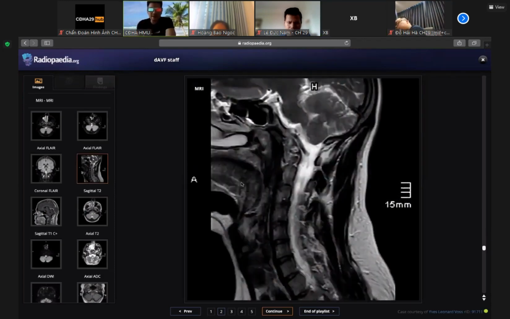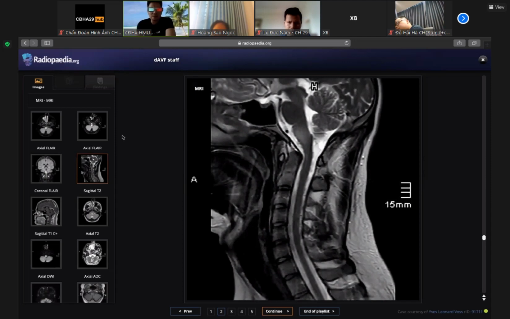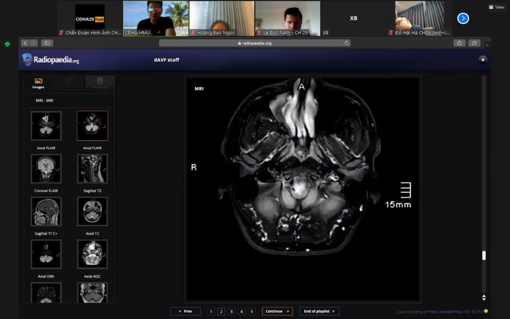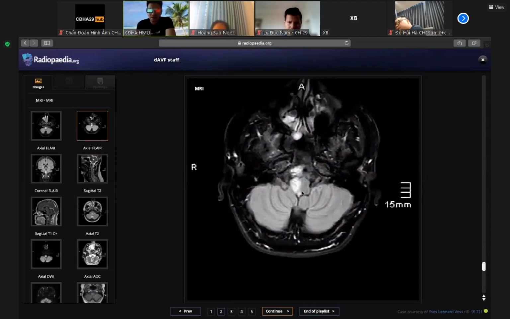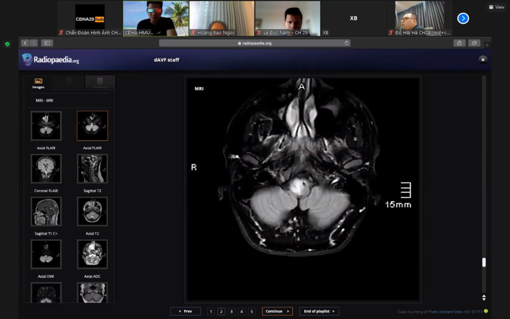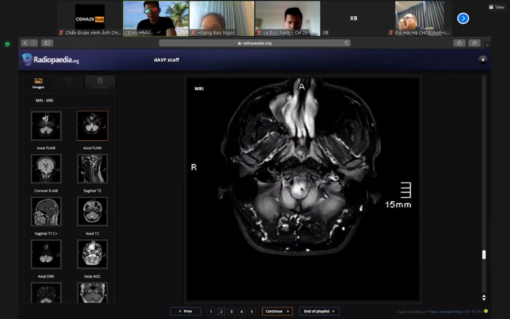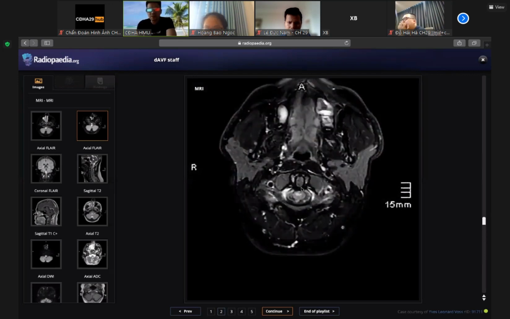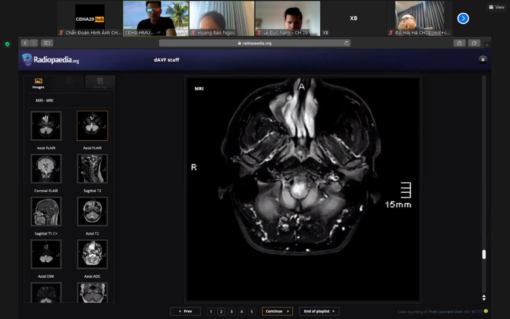I think in this case, if you have an abnormality on the medullary cervical junction, normally we request the injection, right? But now take a look at the axial FLAIR.